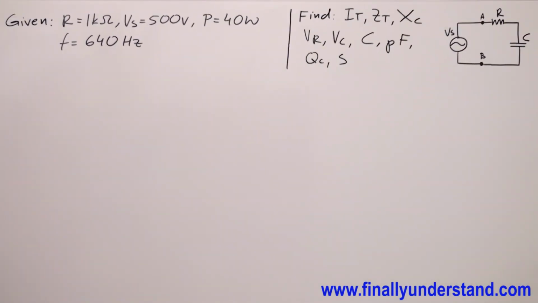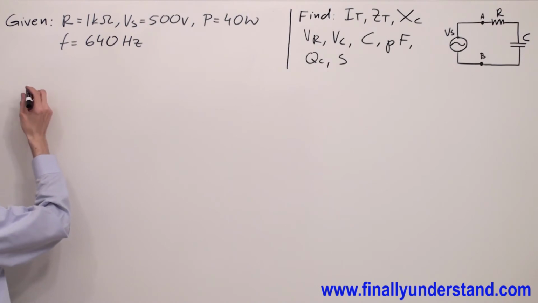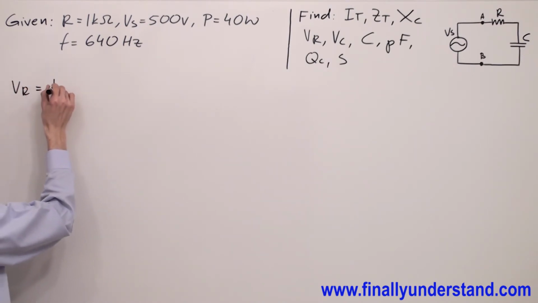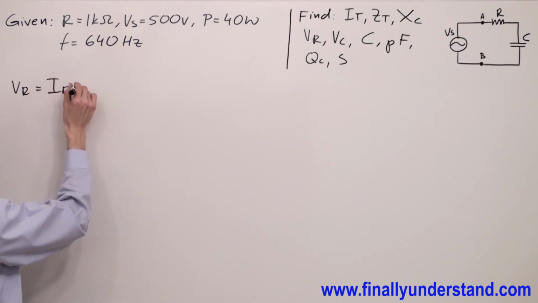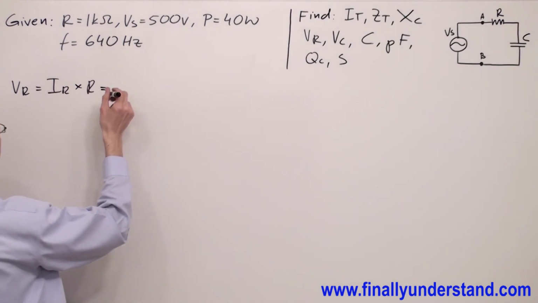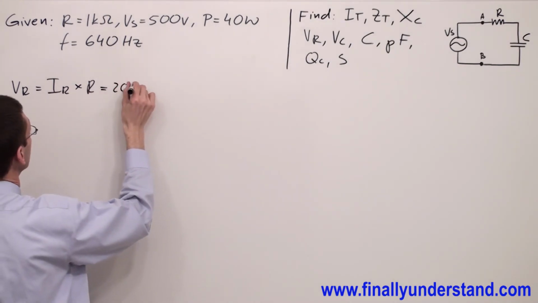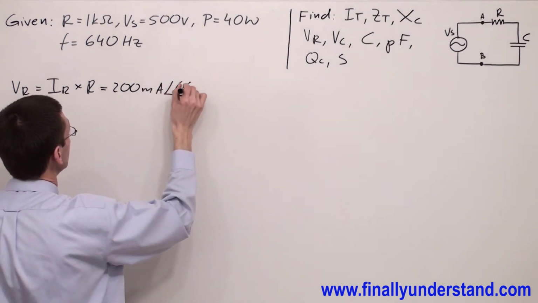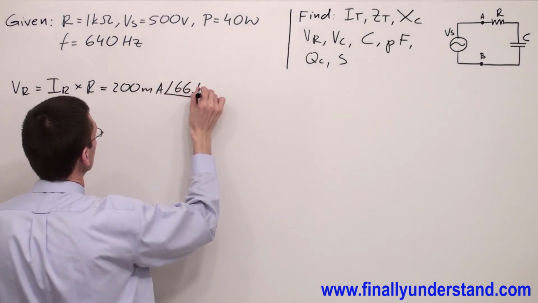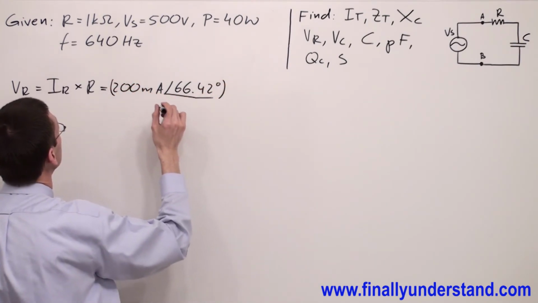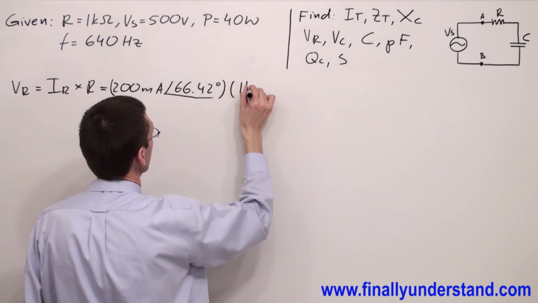Next, we're supposed to find the voltage drop across the resistor. In order to do so, I'm going to use Ohm's law. VR is equal to IR times resistance, where current is equal to 200 milliamps and angle of 66.42 degrees, times the resistance, which is equal to 1 kilo.